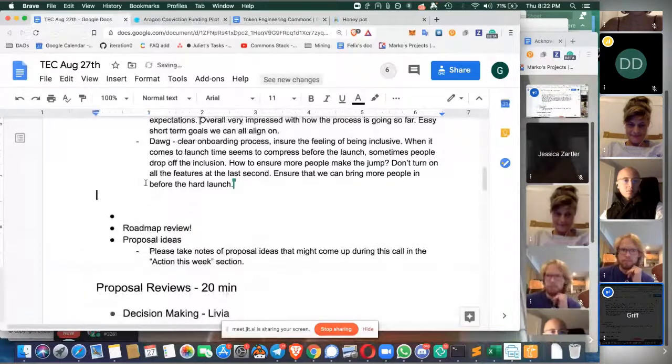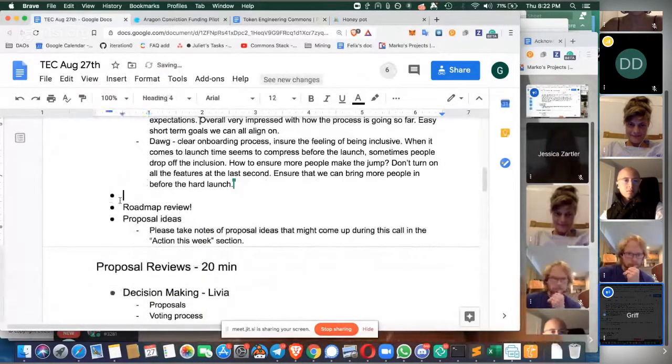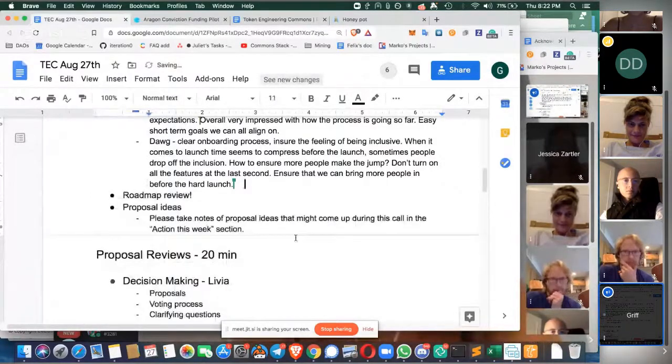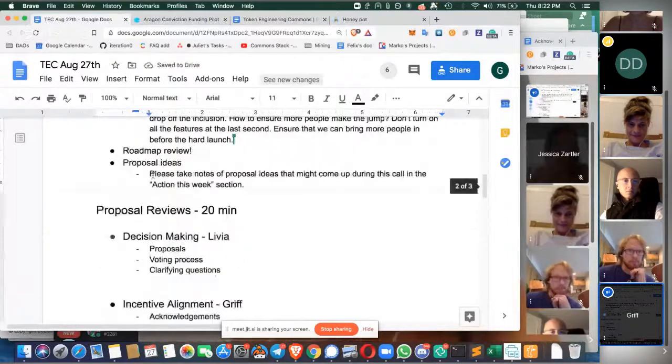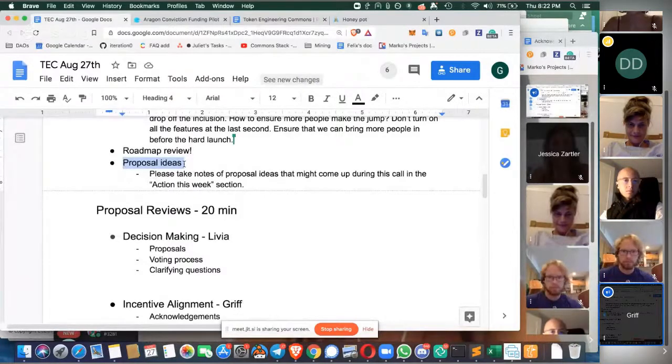The other thing we're working on in a new structure is proposals. Proposals have taken Token Engineering Commons by storm. We are basically turning into a proposal machine, so that when decisions need to be made, they're generally documented in proposals.